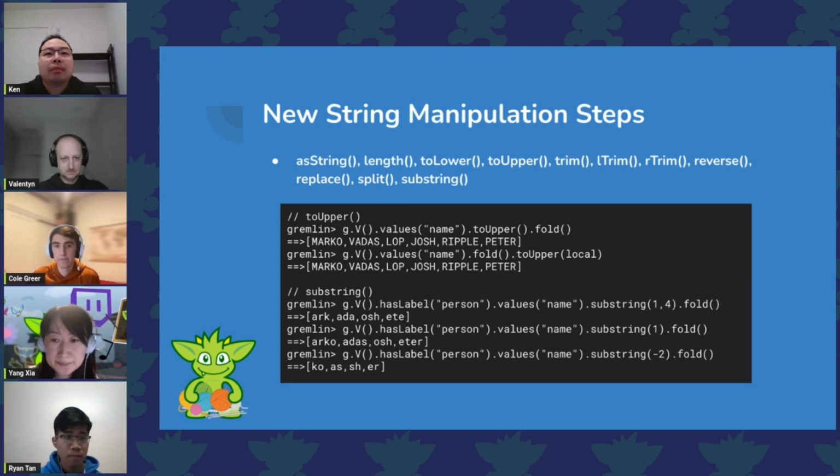But basically, you can use the toUpper step to capitalize everything coming in, or we have the substring function, where you take the start index as inclusive, and then optionally add an end index.